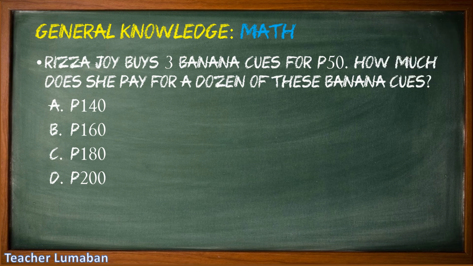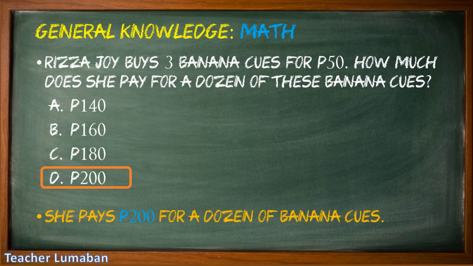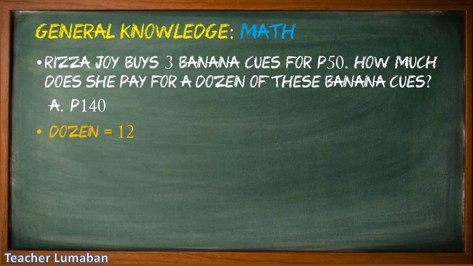The correct answer is letter D, 200 pesos. She pays 200 pesos for a dozen of banana cues. Dozen equals 12. 12 equals 3 multiply 4. X equals 50 pesos multiply 4. X equals 200. The answer is 200.